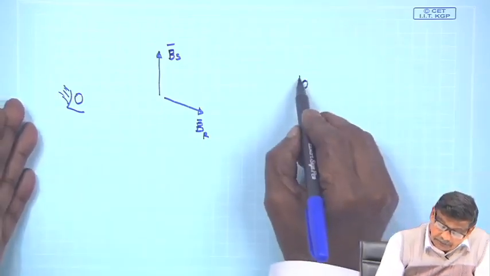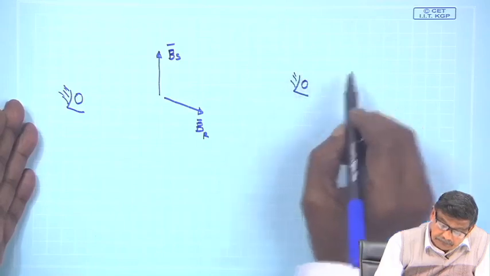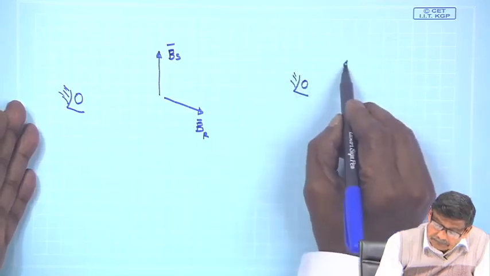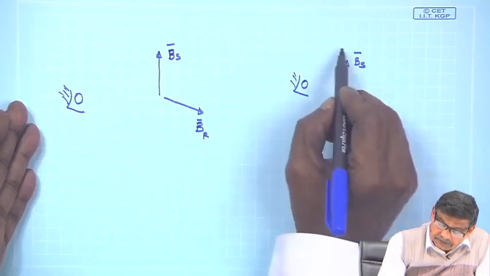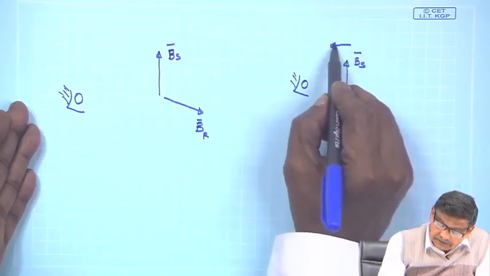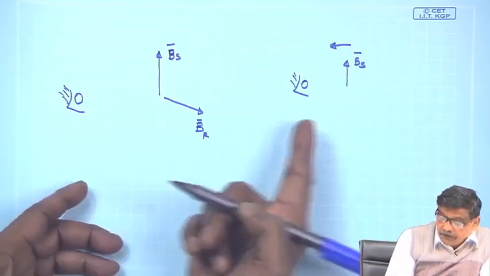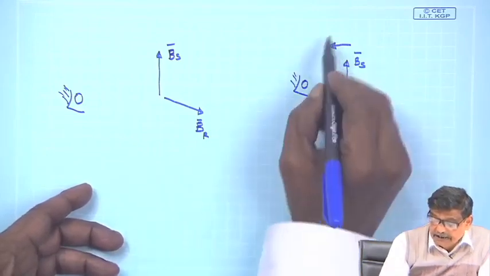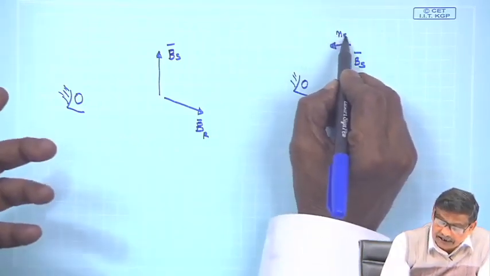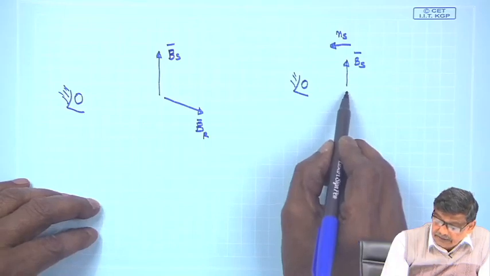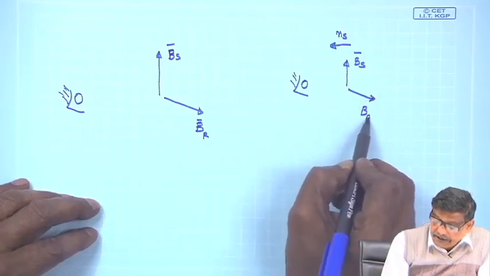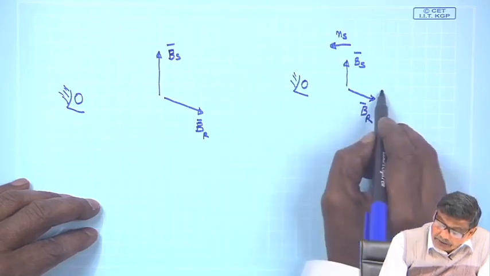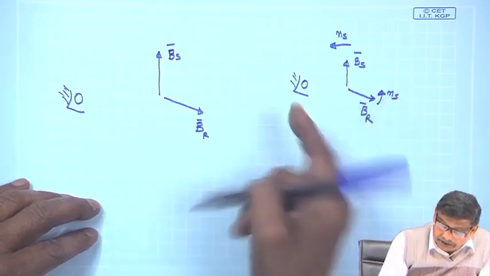If you find the stationary observer concluding that with respect to him Bs is moving with some speed ns rps, he will say that Br is also moving with the same speed with respect to him.